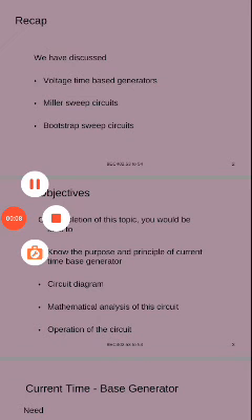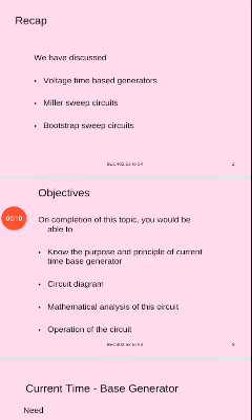In the last class, we discussed the Miller sweep, how a sweep is generated. We discussed the circuit diagram, the operation and explanation of the Miller circuit.